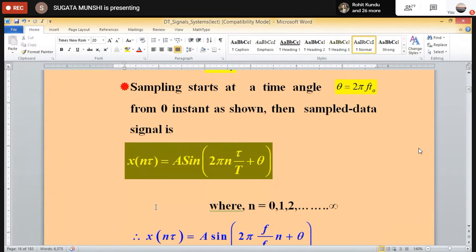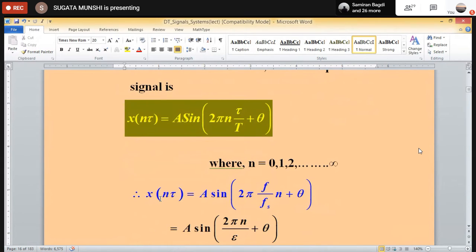Twice pi n tau by T is the same as twice pi n f by fs, because tau is 1 by fs, and capital T is 1 by f, where f is the frequency of the analog sinusoid. I have represented the ratio fs by f by the symbol epsilon.